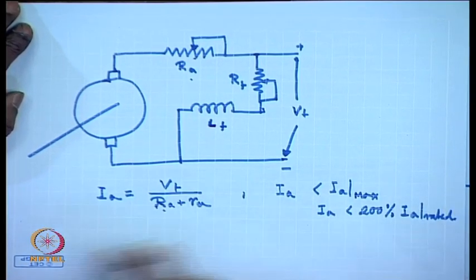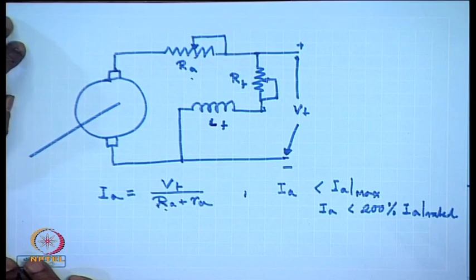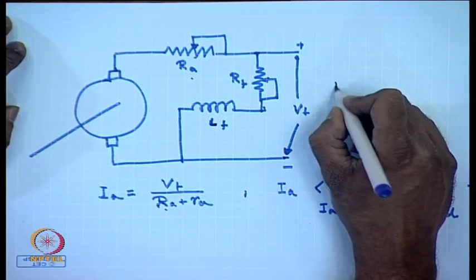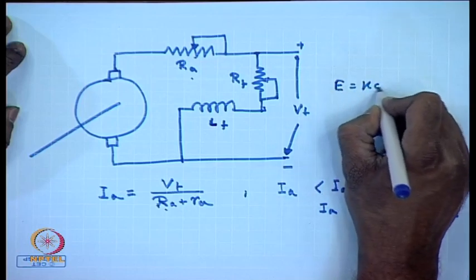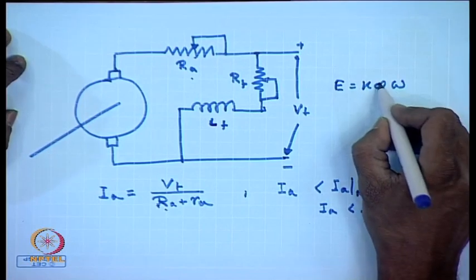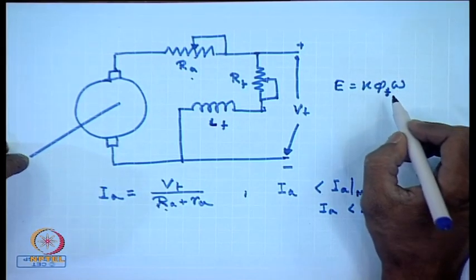Until the field current has reached its full value, the field flux will not reach its full value, and the back EMF, which is given by K phi omega, will not reach its full value at a given speed.